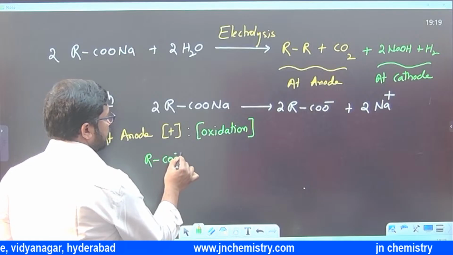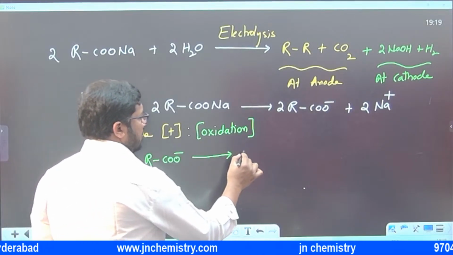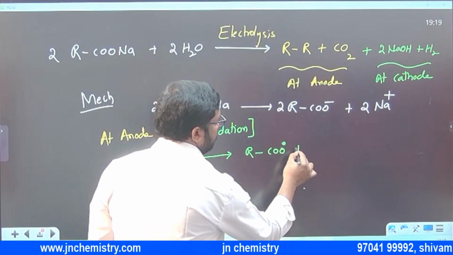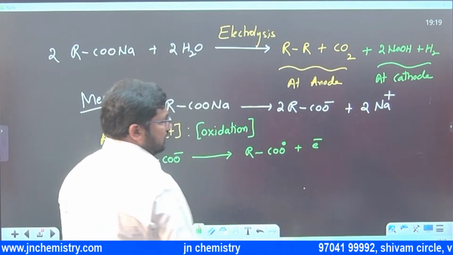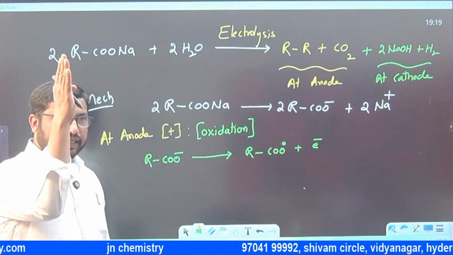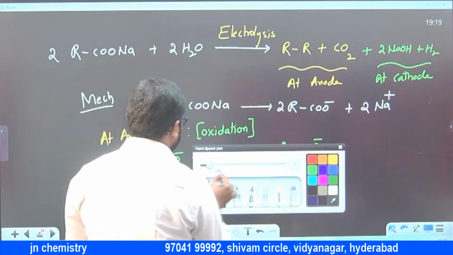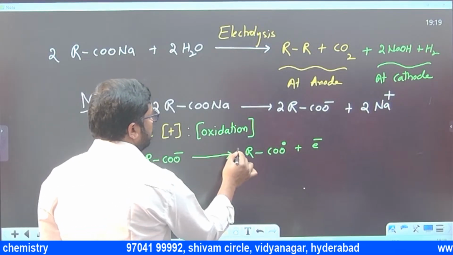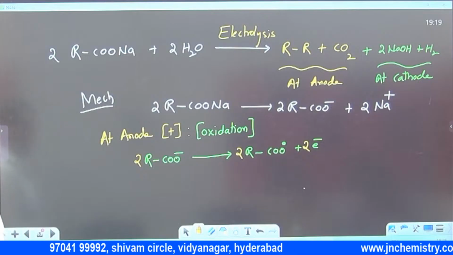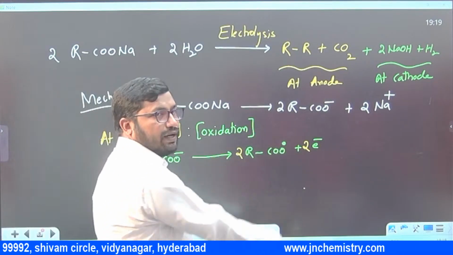RCOO minus undergoes loss of 1 electron. Minus means it has an extra electron, so 1 electron is going out through homolytic cleavage. If I am taking 2 moles, 2 electrons are going out. This is called oxidation, removal of electrons.